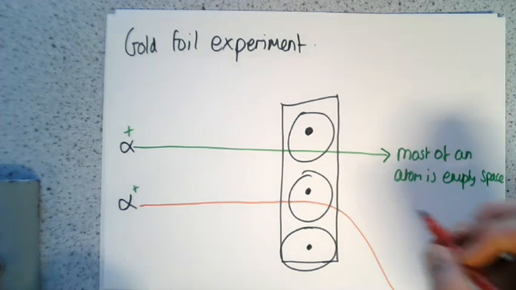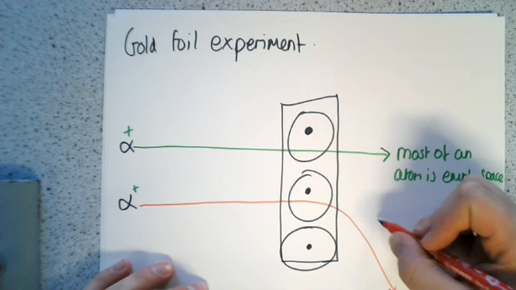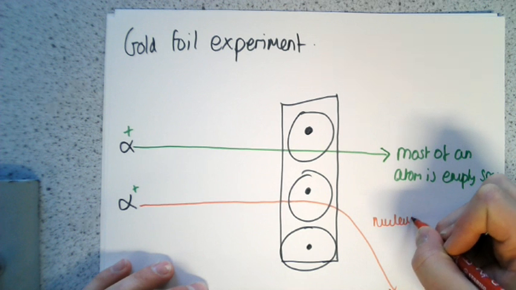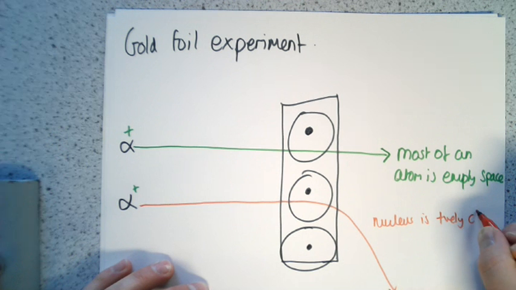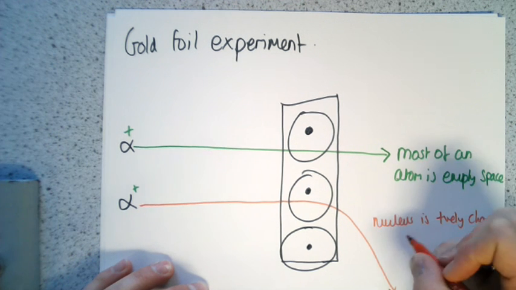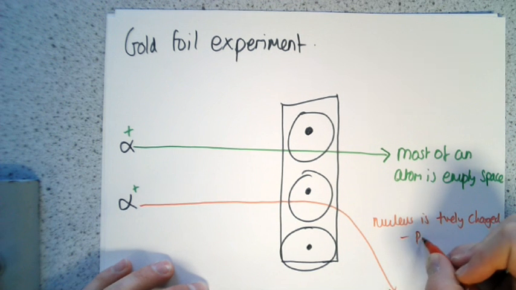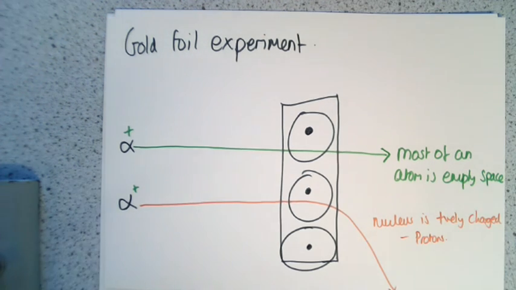And then this gave the conclusion that the nucleus is positively charged, and it must be where the protons are located. Because the alpha particle is positive and the nucleus is positive, two like charges will repel.